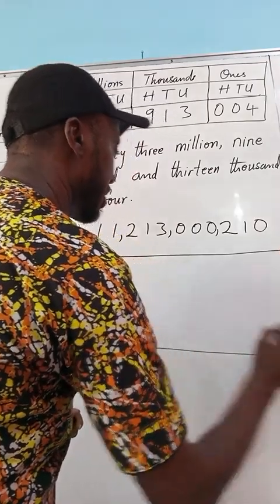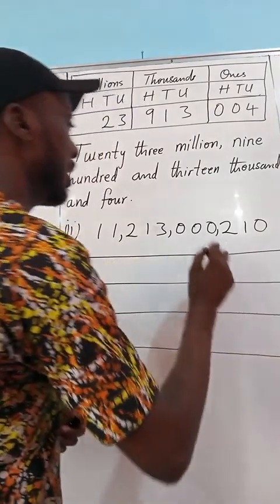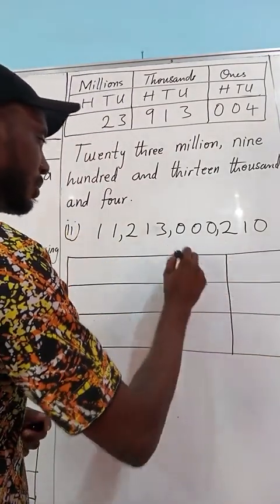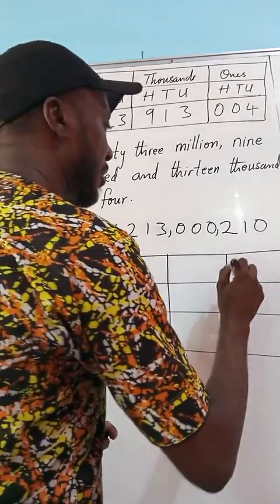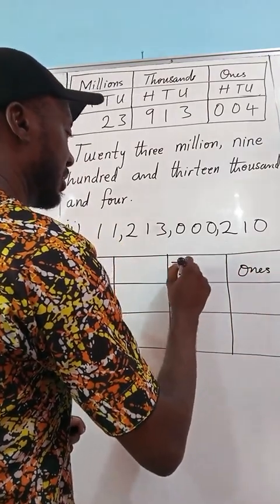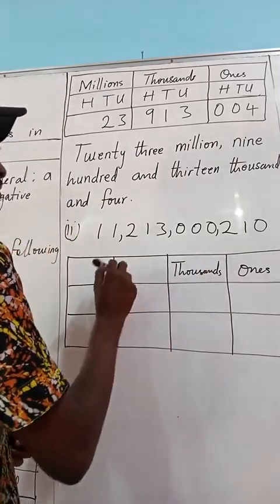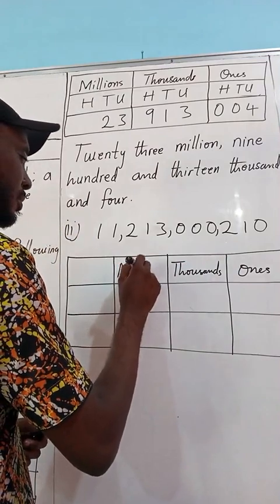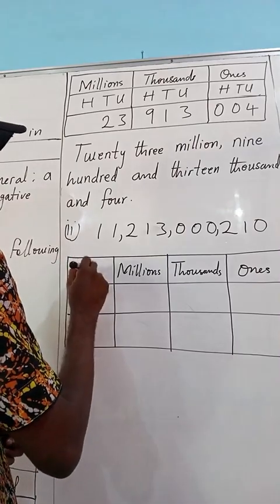Now we have this. Wow, such a big house. There are 4 groups. So we have there ones. After ones, we have thousand. After thousand, we have million. After millions, we have a billion.